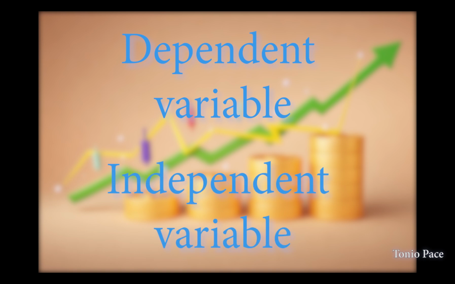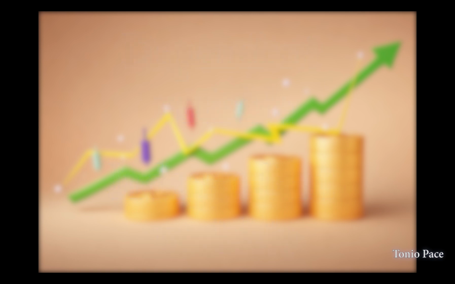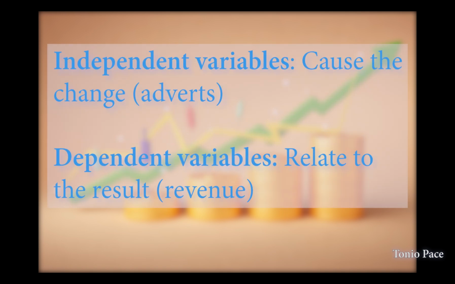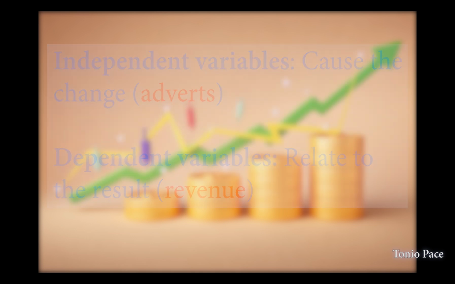Let's stop for a minute to explain the difference between independent and dependent variables. In simple terms, independent variables relate to the factors causing the change, while dependent variables relate to the result. For example, the amount spent on advertising is the independent variable because it may cause a change in the revenue earned, which is therefore known as the dependent variable.